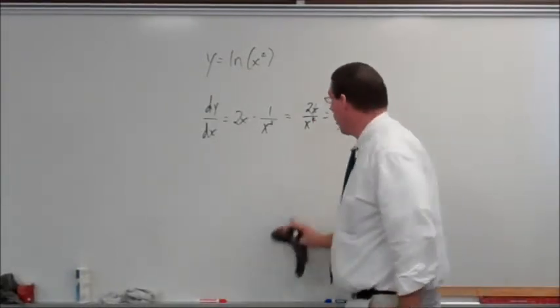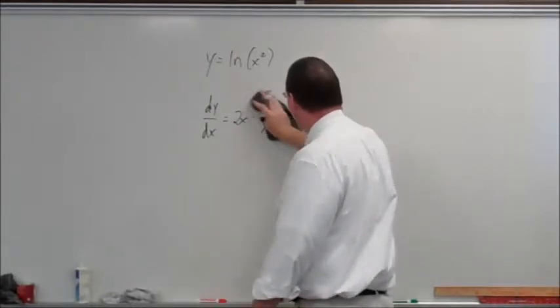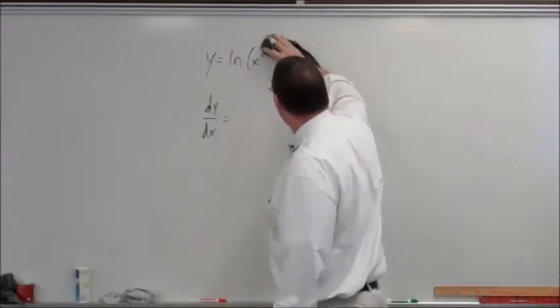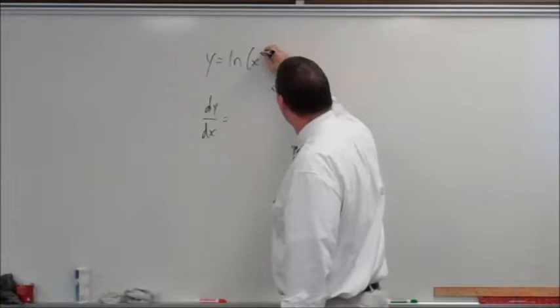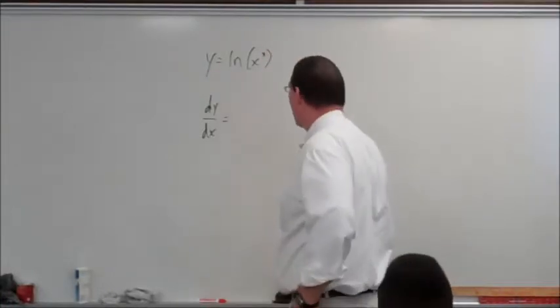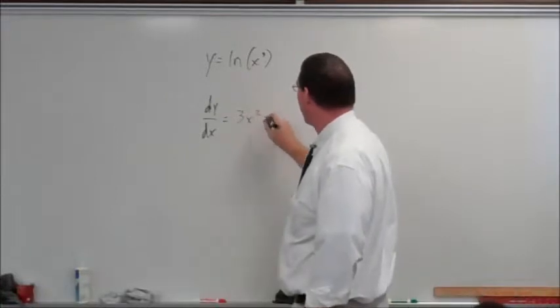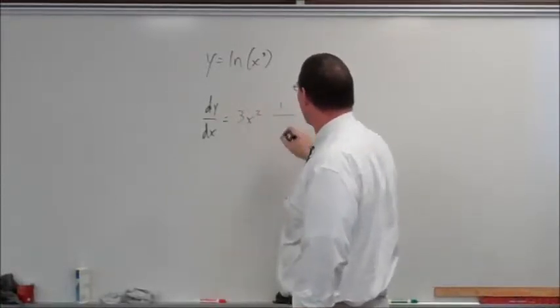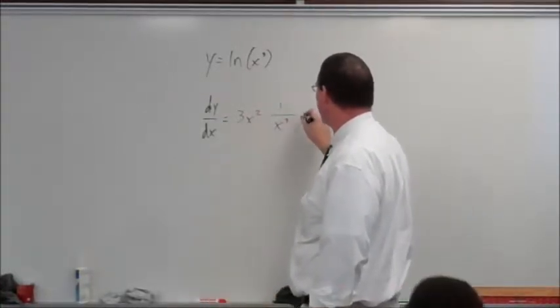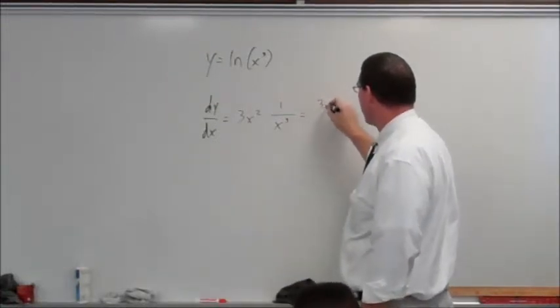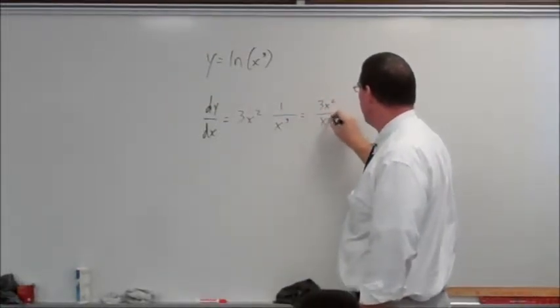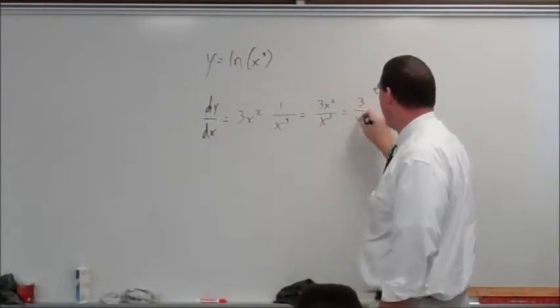All right, I'm going to do another one now. We're going to do natural log of x to the 3rd power. 3x squared times 1 over x cubed, which is 3x squared over x cubed, 3 over x.